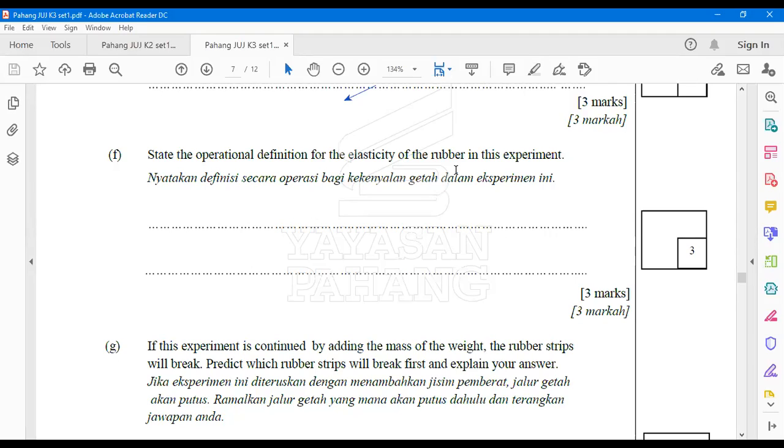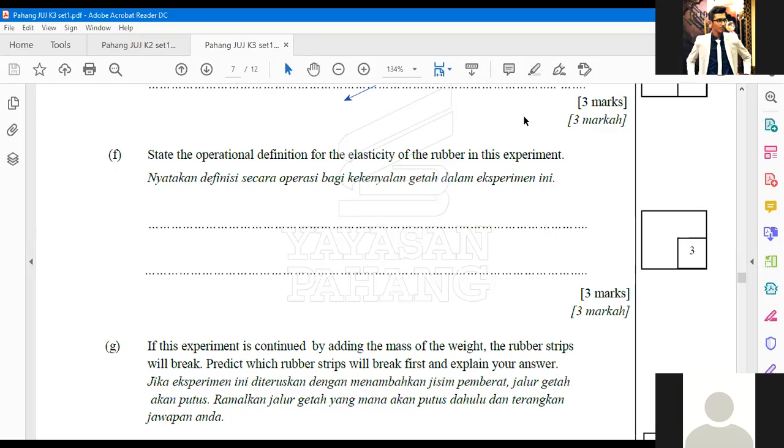Now, when we are answering operational definition, we have to answer two questions. Question number one, what do you do? Question number two, what do you observe? So what do you do first to test for the elasticity?